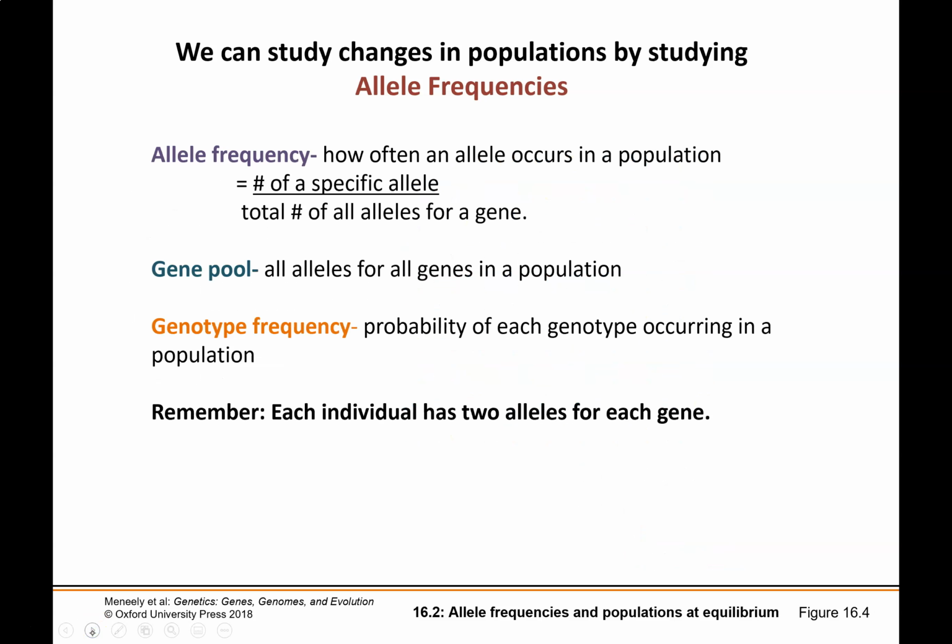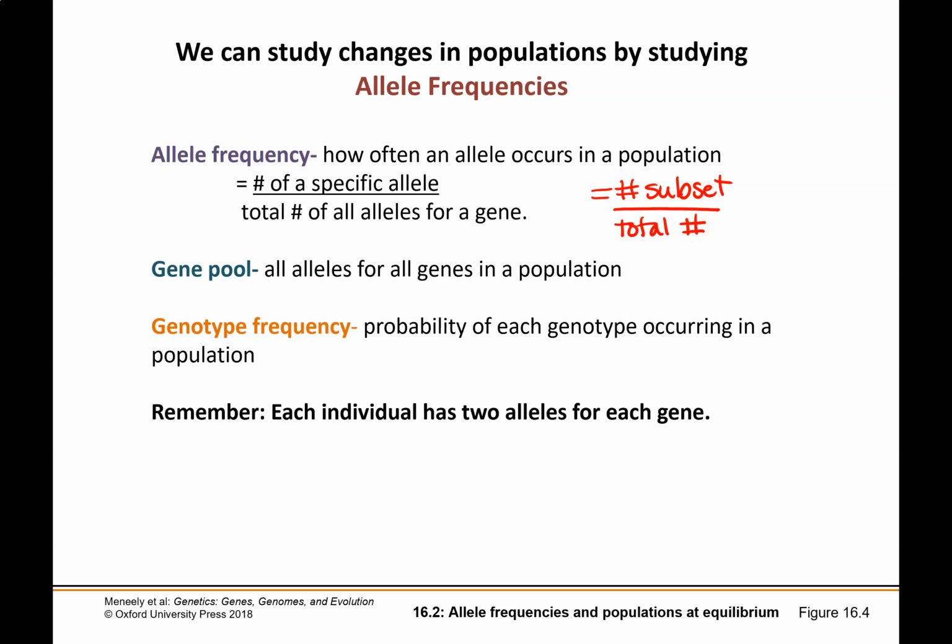So we calculate a frequency, whether it is an allele frequency or a genotype frequency or a phenotype frequency. Whatever frequency you are calculating is going to be the number in your subset divided by the total number of whatever you're counting.